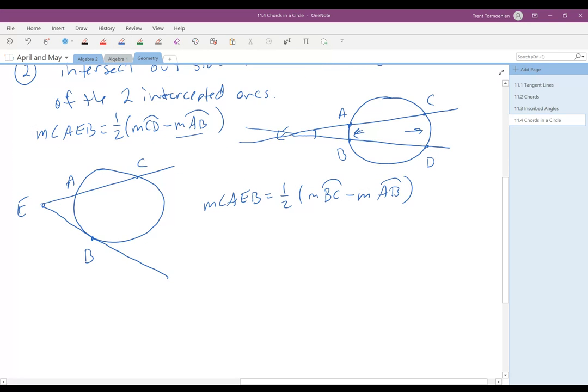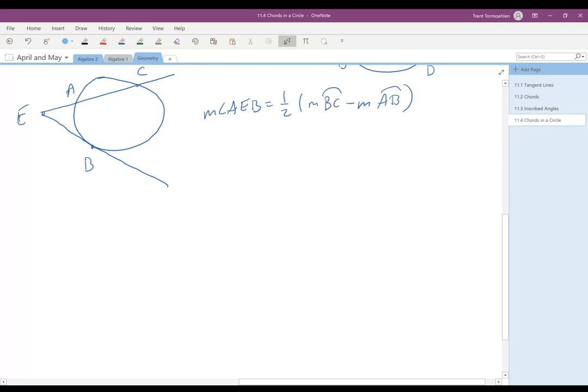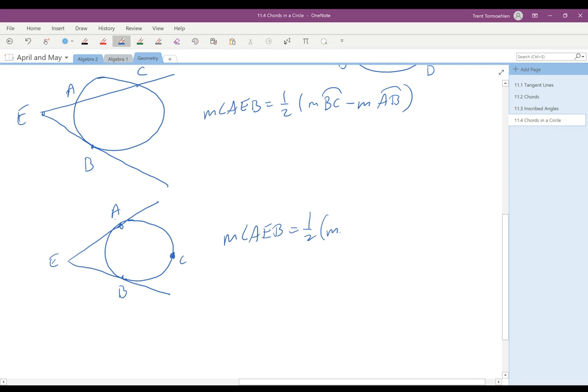And then the last special case is when you've got two tangents. And so there's only 2 points that actually matter here. This is a definite special case. If we add a third point here, it's going to be the measure of arc ACB minus the measure of arc AB.